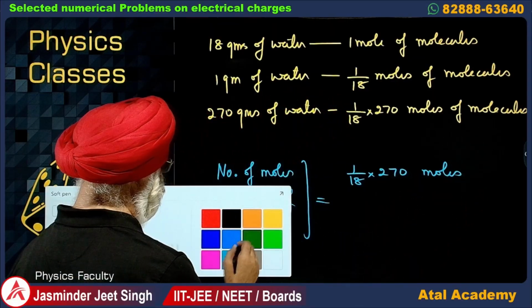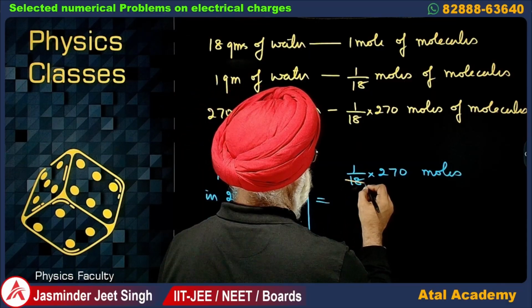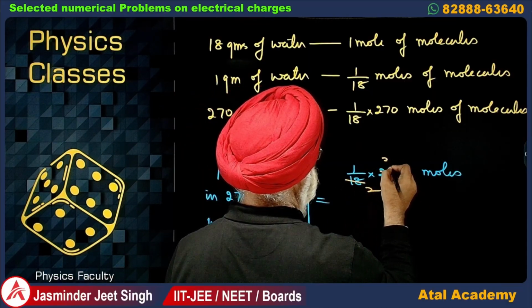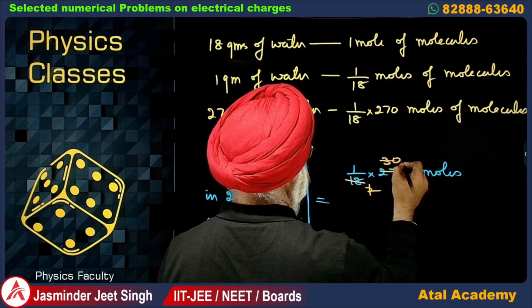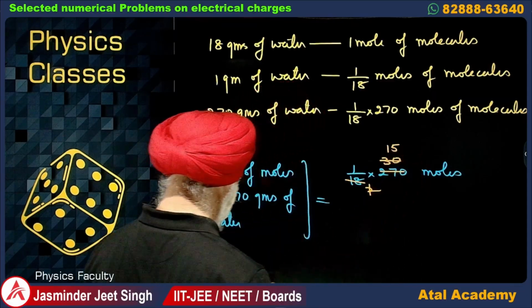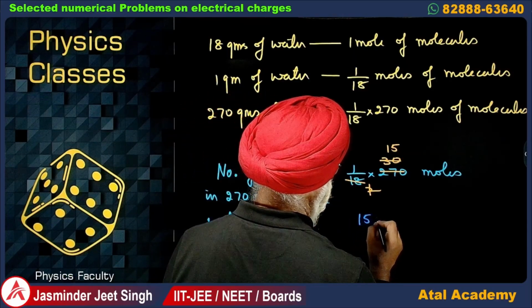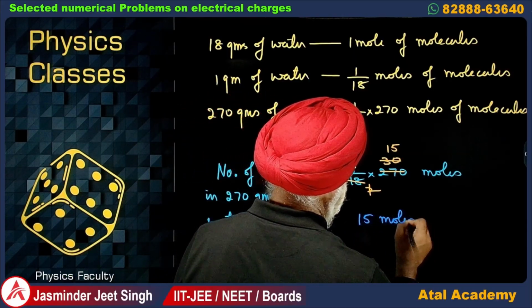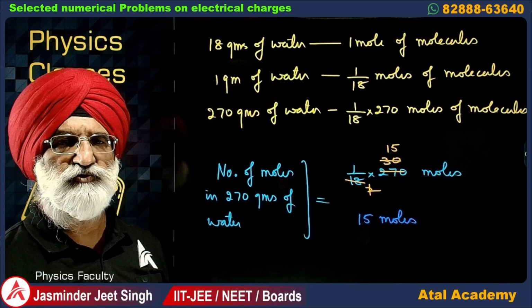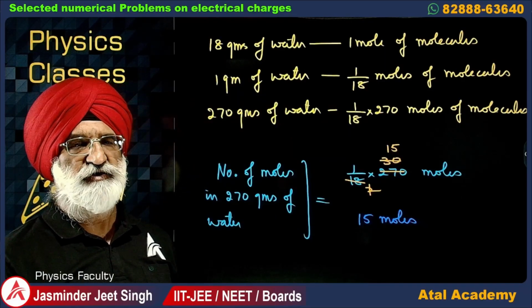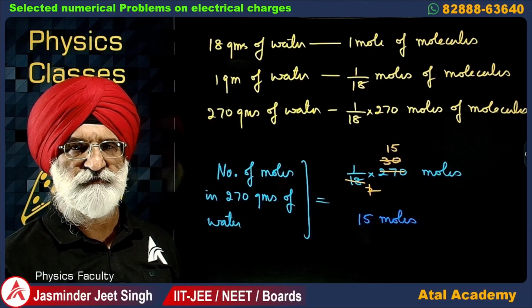We can solve it. 9 into 2 is 18, 9 3s are 27, 8 to 2 will go to 15. That means there are 15 moles. That means in 270 grams of water there are 15 moles.